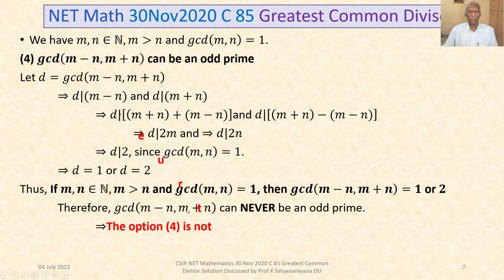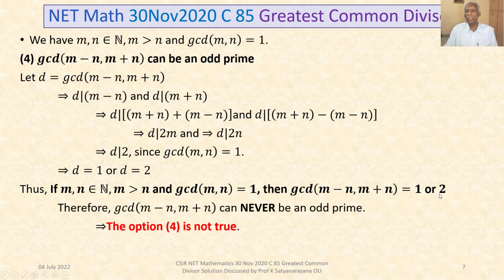So option 4 is not true. It may be noted from this general result that option 1 is not true. Why? Because this result says this is equal to 1 for some choice of m and n. And option 2 is true because for some choices this is 2.